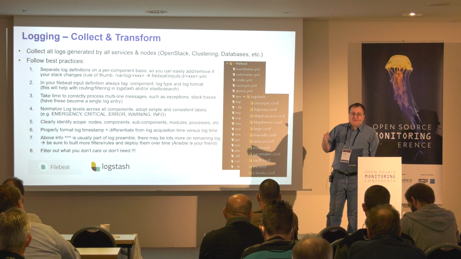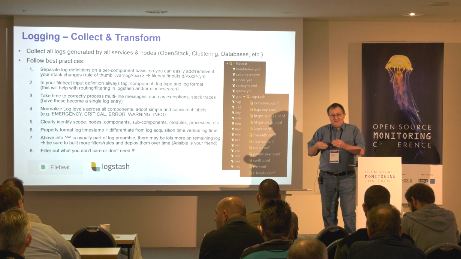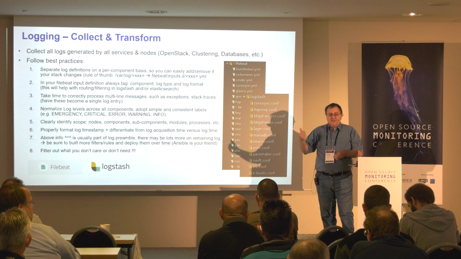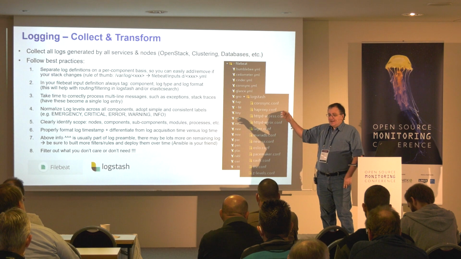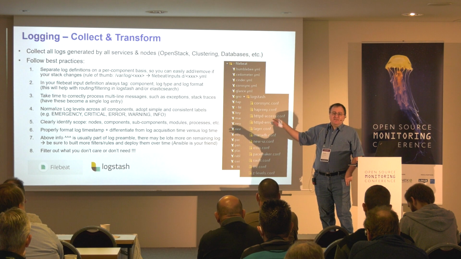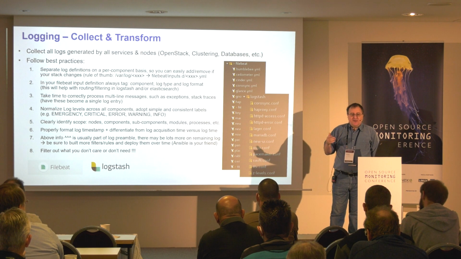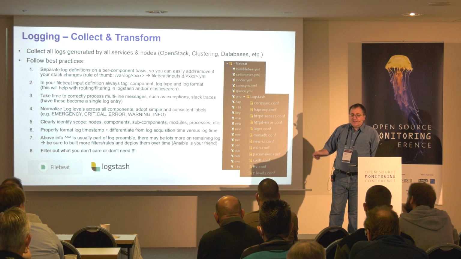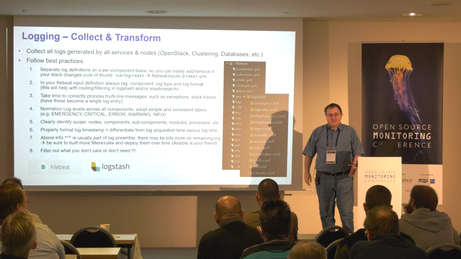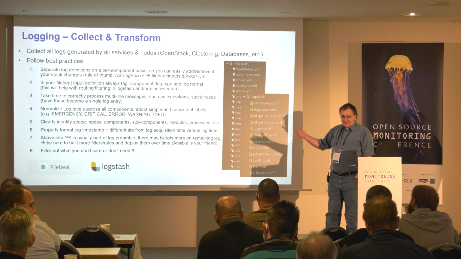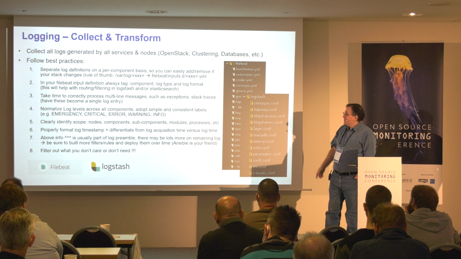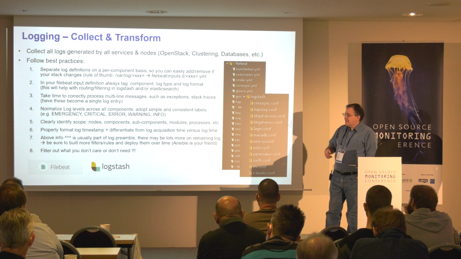Long story short, I had to do a lot of trial and error to properly format and recognize multi-line log entries. There was a lot of work done to get that right.